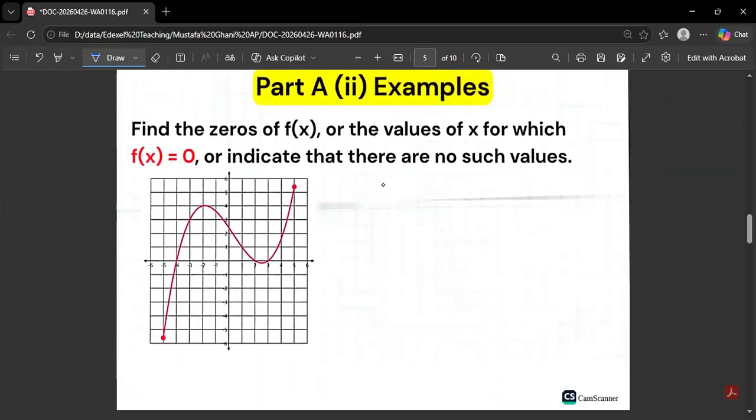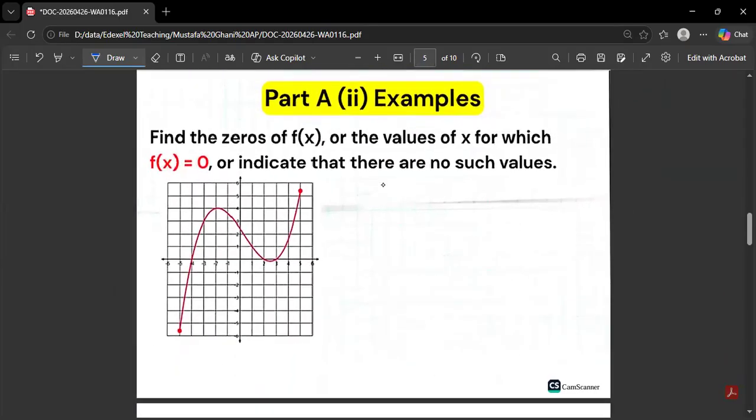Now let's move to the next question. Find the zeros of f of x, or the values of x for which f of x equals 0. Finding the zeros means what values of x, what values of the input, will give you a zero answer.